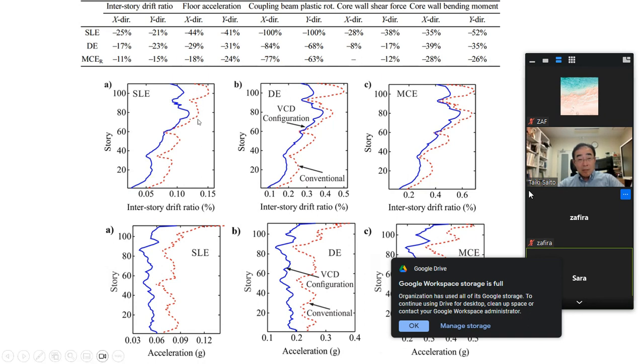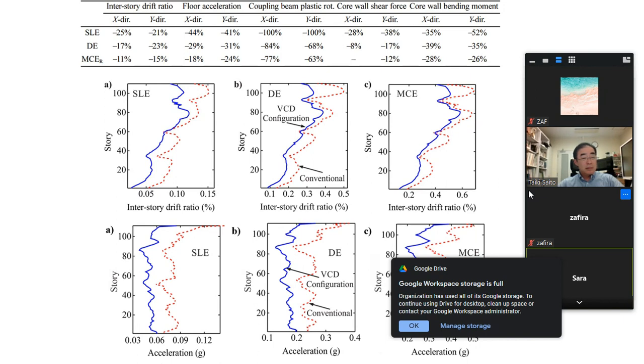The peak inter-story drift ratio and the peak floor acceleration profiles are plotted in this picture. This one is the inter-story drift ratio, and the bottom is the peak floor acceleration profiles.